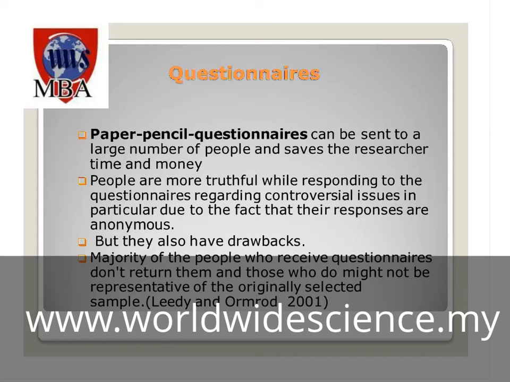So when you want to collect your data by questionnaire, you should be really patient, because sometimes you give, for example, 200 questionnaires to 200 persons, but maybe receive only 20. That is a real thing that happens in research. So you should be very patient when you collect data by questionnaire, okay?